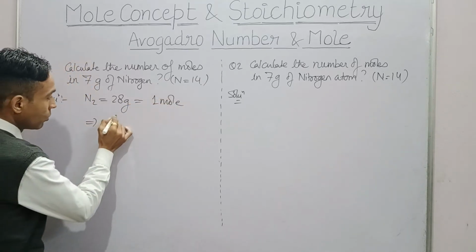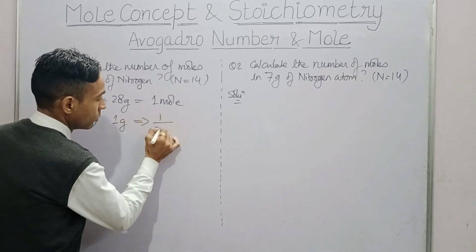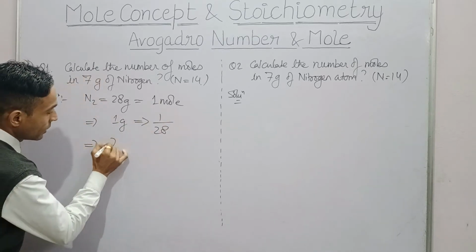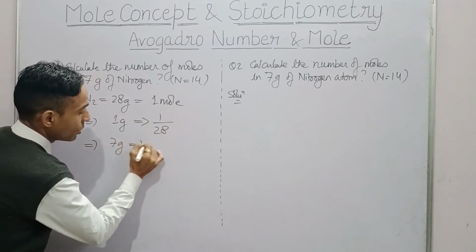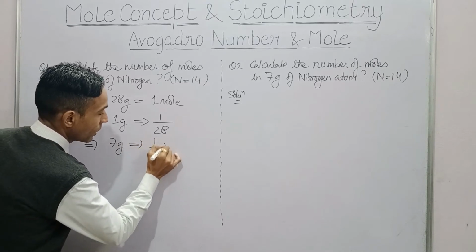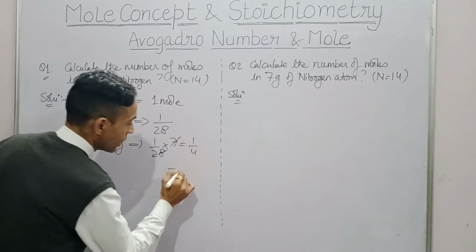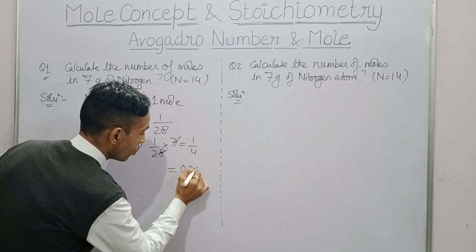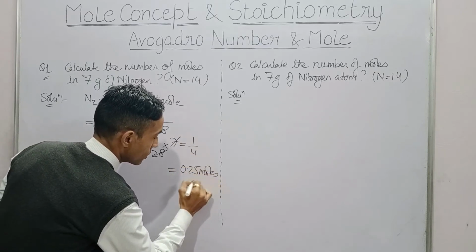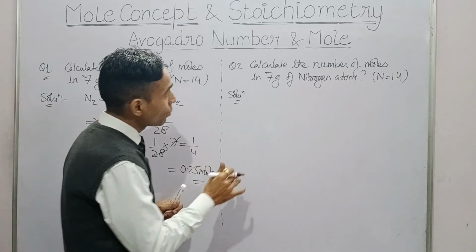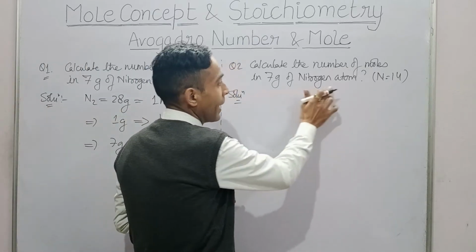Applying unitary method, this implies that 7 gram will be equal to 1 upon 28 into 7, cancellation 1 by 4. This gives 0.25 moles.